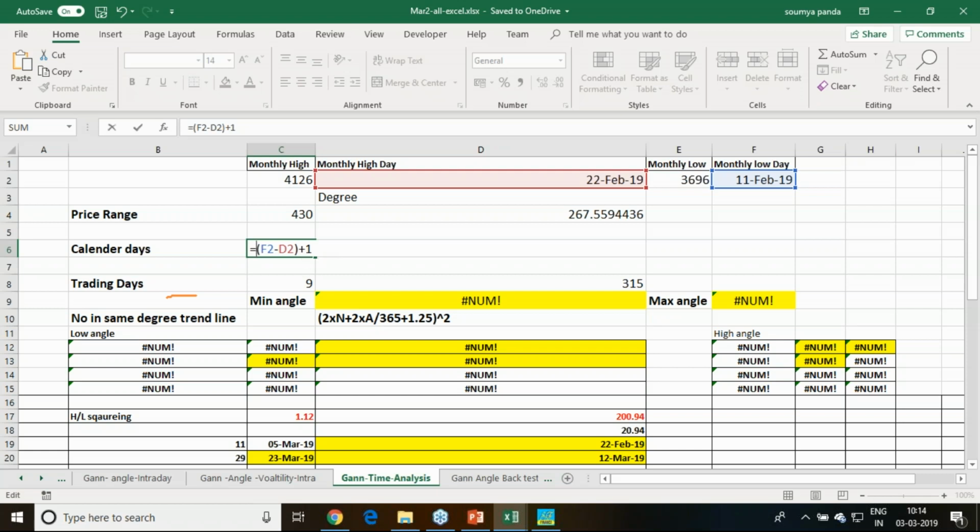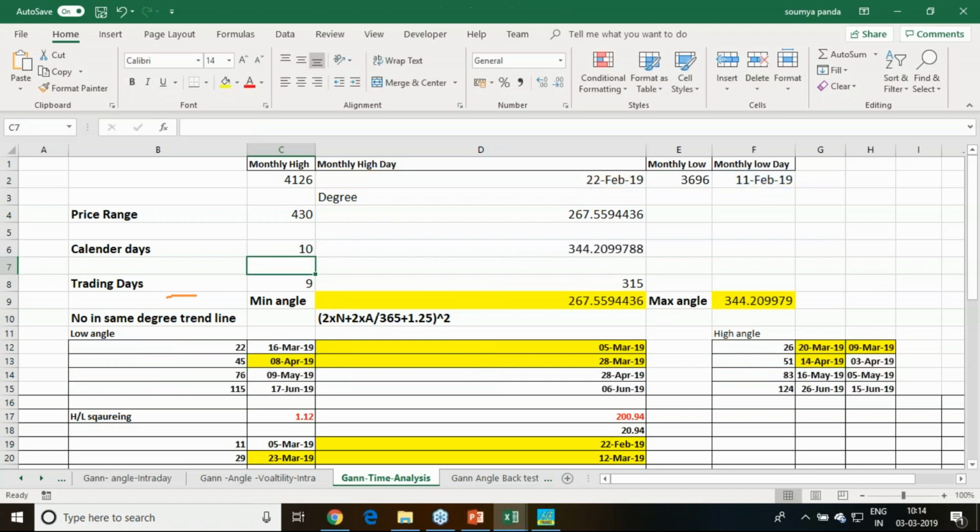I did it in Excel, and if I change the high and low formation dates, it gives a negative. If you use the absolute function, it will make it positive, because we don't want any negative days. So we used the absolute function. I changed this Excel also, you will get it.